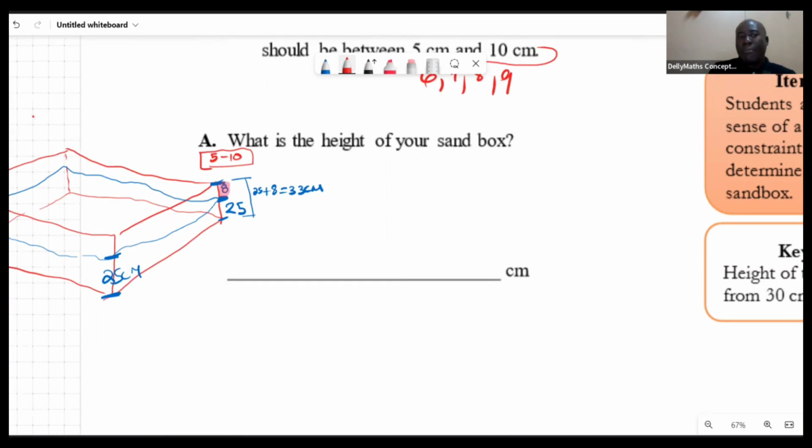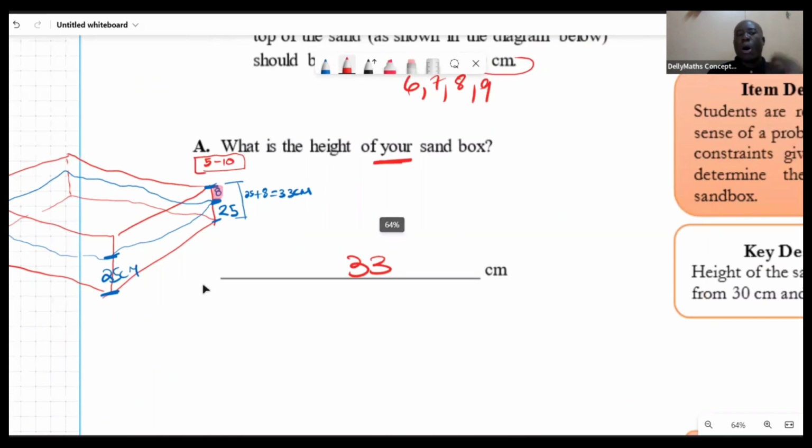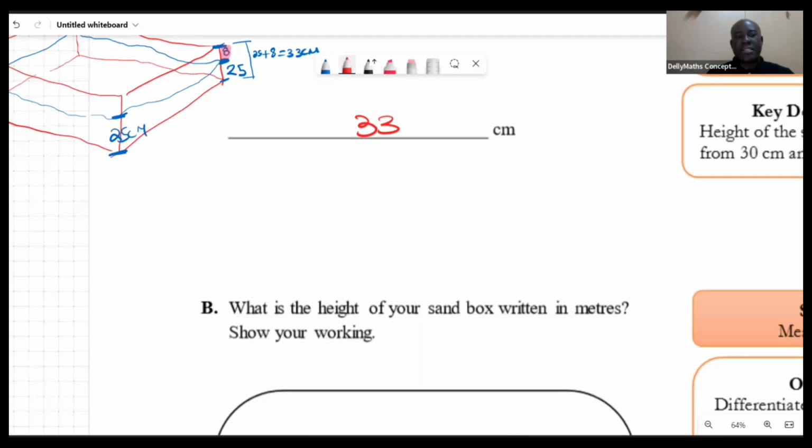So for me, I'm using 8. So what is the height of your, very personal, your sandbox? Because everybody could have had a different thing here. I would have 33 centimeters for my sandbox. So all my questions now will be linking to this. So based on the design you would have different calculations, but the principles will be the same.